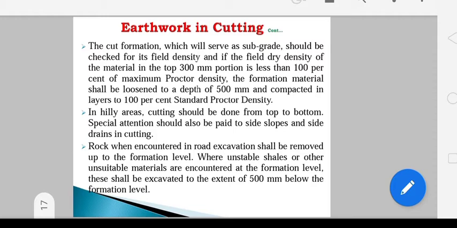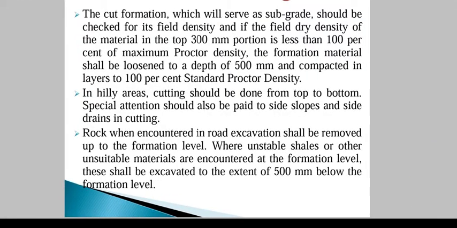You have taken the existing ground profiles, right, and where the natural ground height is more than the leveled alignment, at that time we need to cut the existing ground. If it is of good quality, that same cut material can be used as filling material for the same highway construction, right.